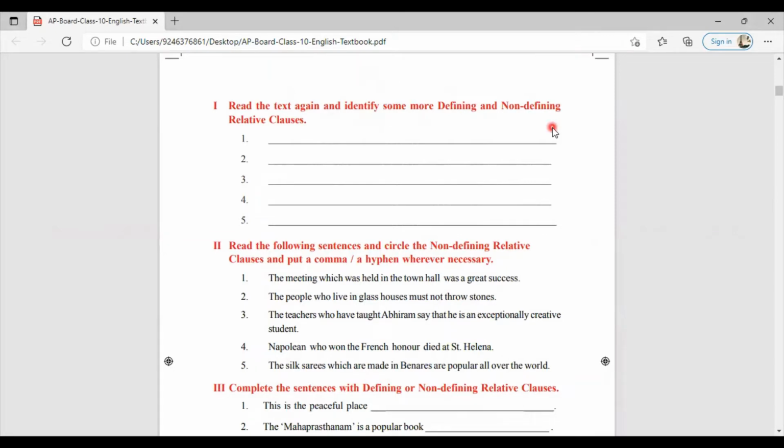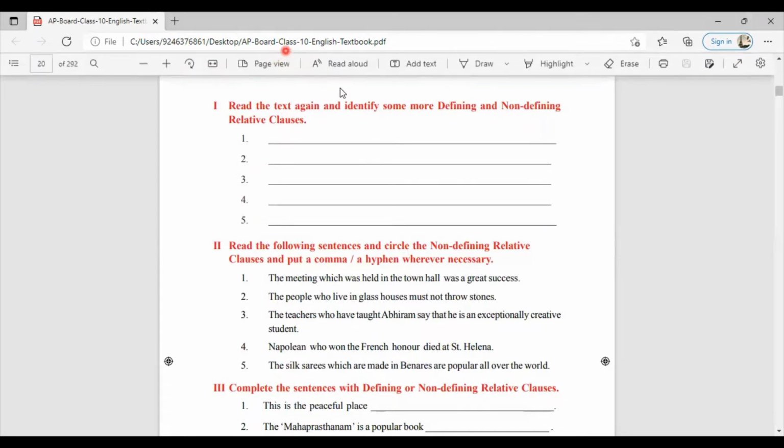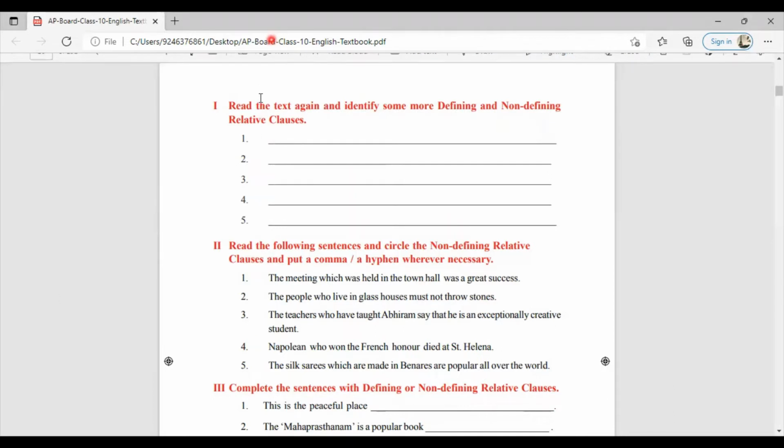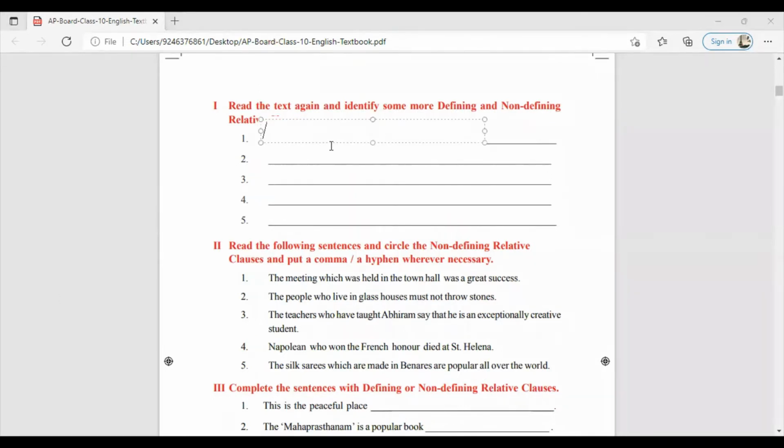So I'll tell you, just note it down. Nick has a small foot, comma, which helps him balance. Shall I write it for you? Yes, I'll write it for you.